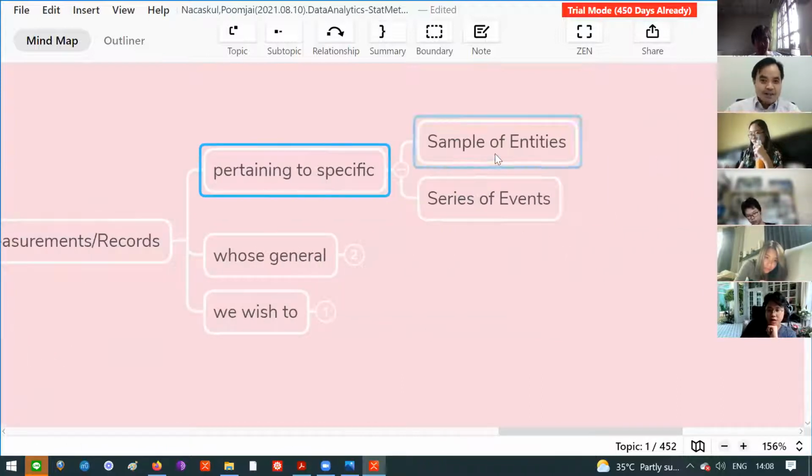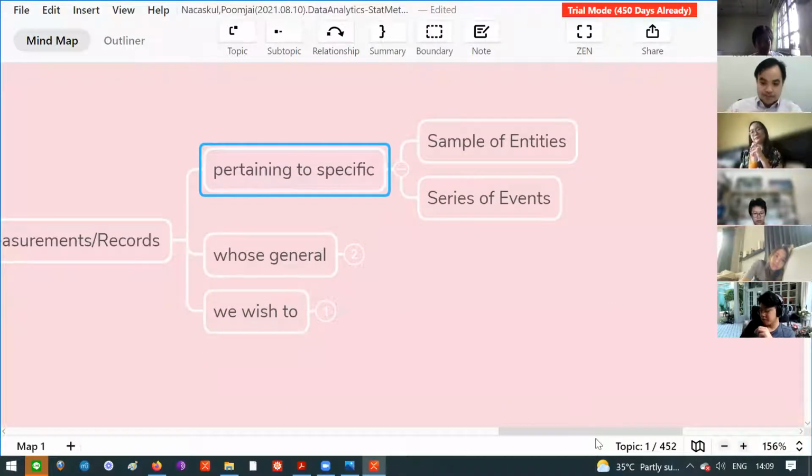It pertains to a specific sample of entities or series of events. It's very important: if you have a complete record or complete enumeration of possibilities, that's not data.